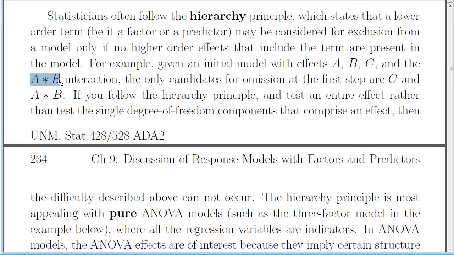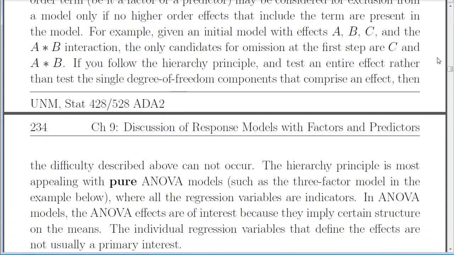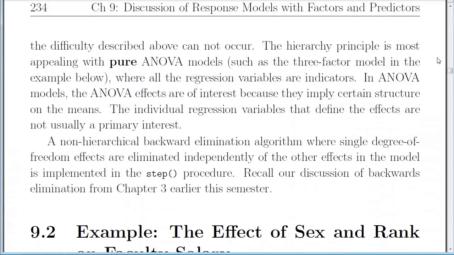If we're going to use backward selection, the only candidates that could be dropped are C and the A-B interaction. That's because we can't drop A, since the A-B interaction is relying on A to be in the model. Same thing with B. So that hierarchy, that we drop the highest order effects first, limits which terms can be dropped at any particular step.